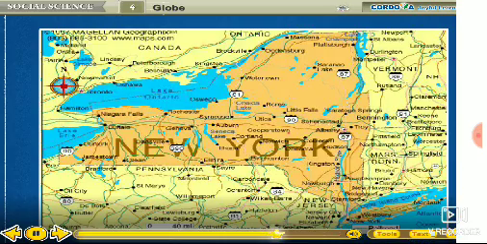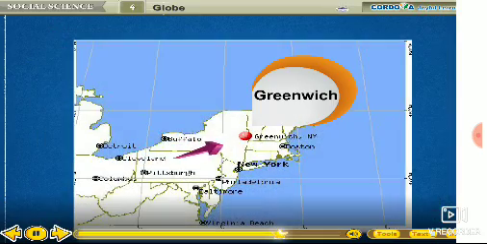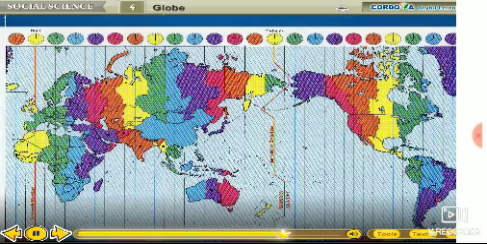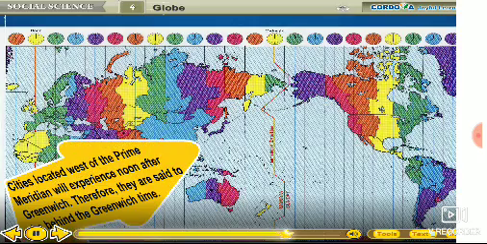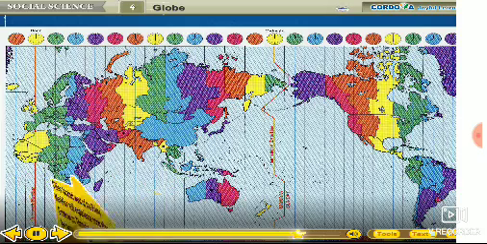Thus, the cities towards the east of Greenwich are ahead of the Greenwich time. Cities located west of the prime meridian will experience noon after Greenwich. Therefore, they are said to be behind the Greenwich time.